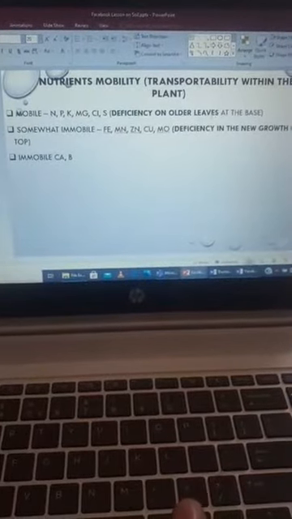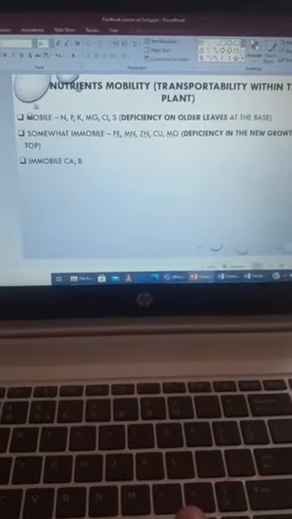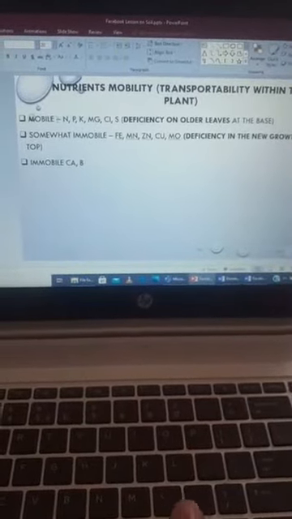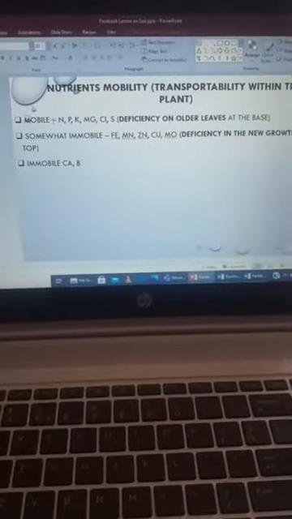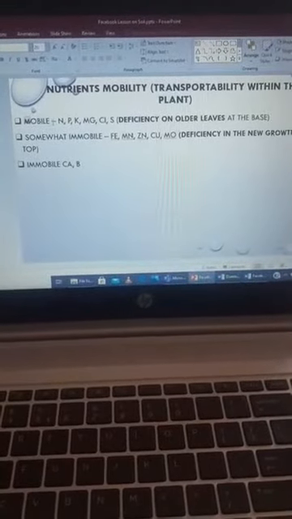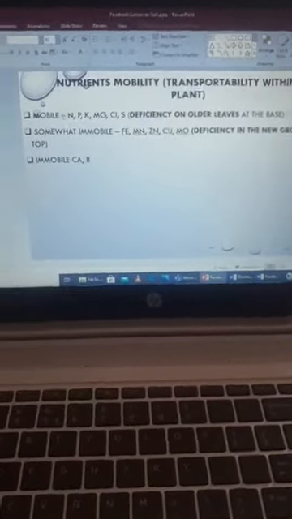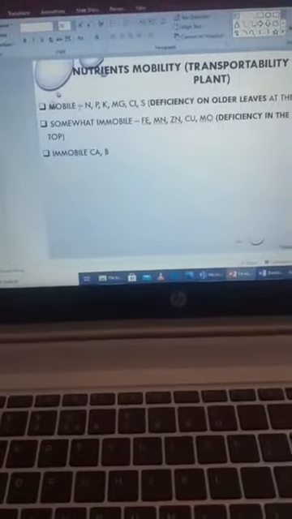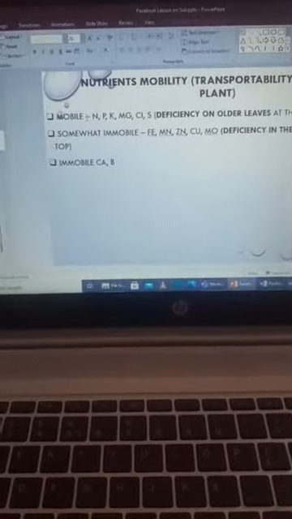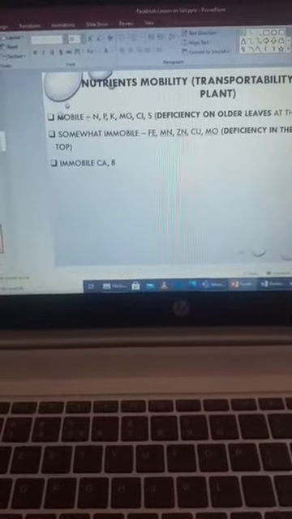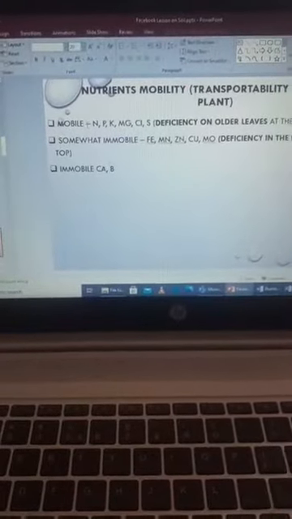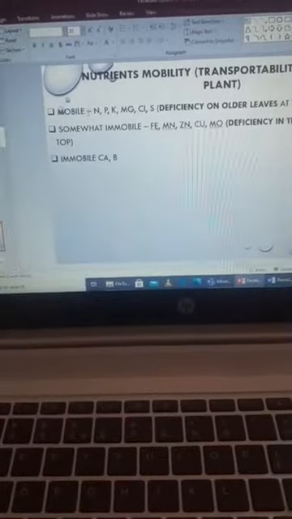Why it demonstrates deficiencies on older leaves is because the nutrient is mobile, meaning if it's needed on the younger leaves and its availability in the plant is low, it will leave the older leaves and go to the younger leaves. As it leaves the older leaves, that's why you see your older leaves turning yellow or purple or brown, because there is an emergency that this nutrient element is needed in other branches of the plant.